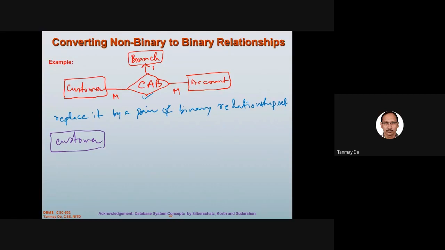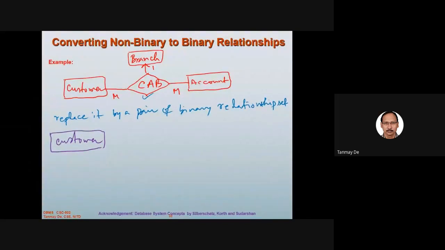And I want to check the fact I told you, which is represented by the ternary relationship CAB. What fact is reflected by the CAB? I already told you: it specifies that a customer may have several accounts, each located in a specific branch.